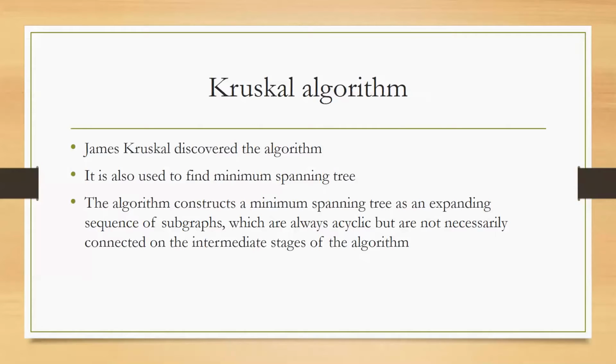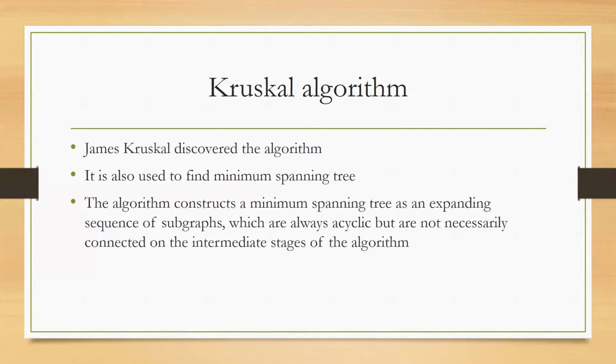Now, third point: how does this algorithm construct the tree? The algorithm constructs a minimum spanning tree as an expanding sequence of subgraphs. Observe this. It is not one subgraph, it is multiple subgraphs. Whereas in Prim's algorithm, only one subgraph expands until you get the solution. In Kruskal algorithm, there may be more than one subgraph, which are always acyclic.